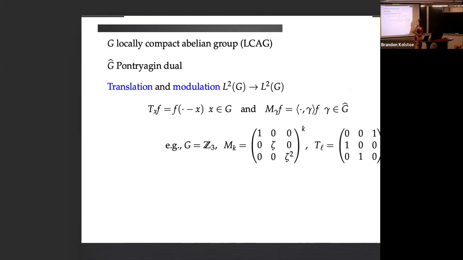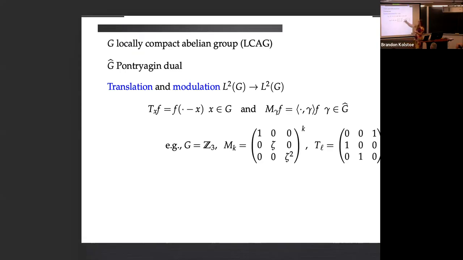So we can define translation and modulation from L2 of G to L2 of G. For translation, we just act on the input of a function by performing the group action. Here we're subtracting because we're writing our group additively.